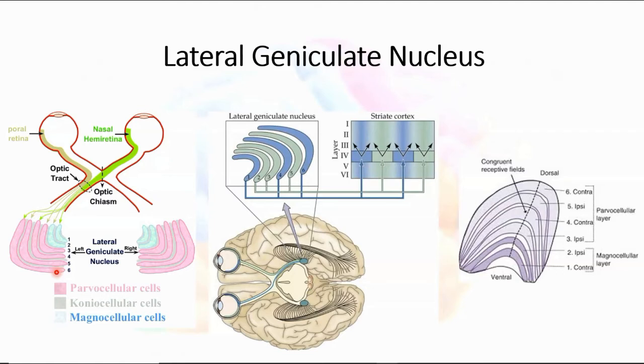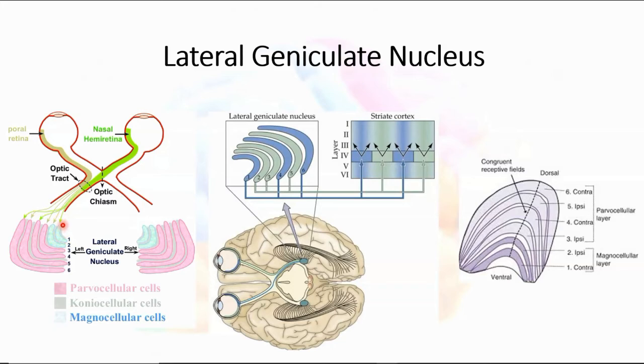In addition, in between the 6 major layers of the LGN are koniocellular layers that contain relatively tiny or dust-like cells.